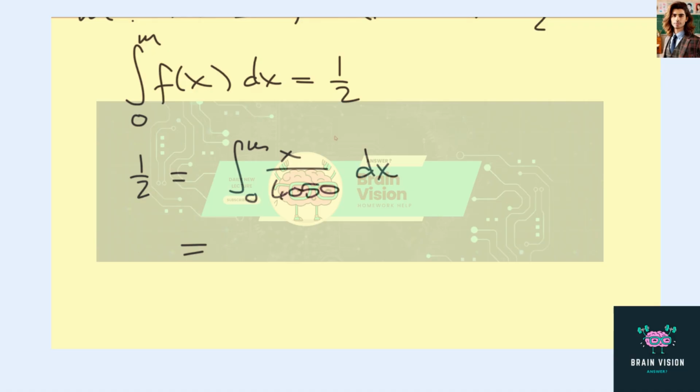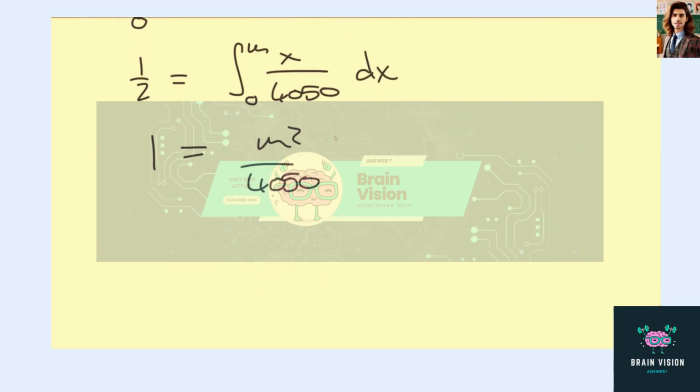When we integrate this, we get 1/2 x squared, so we get 1 equals m squared over 4050. So the median m is going to be the square root of 4050, which is 45 root 2, which in decimals is approximately 63.6.